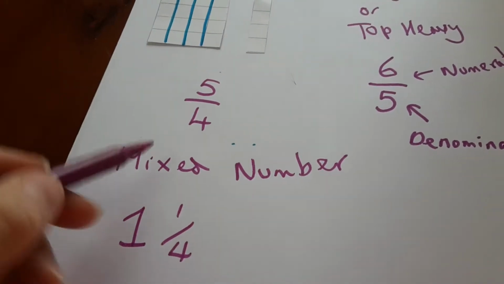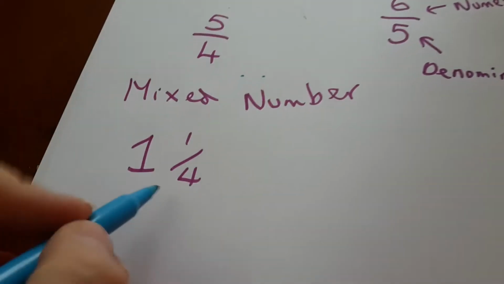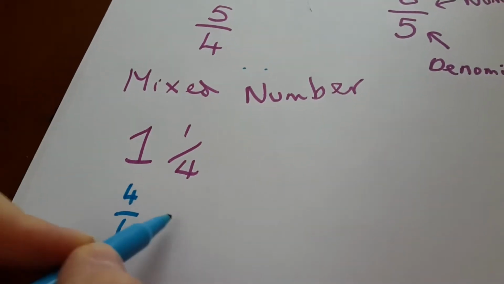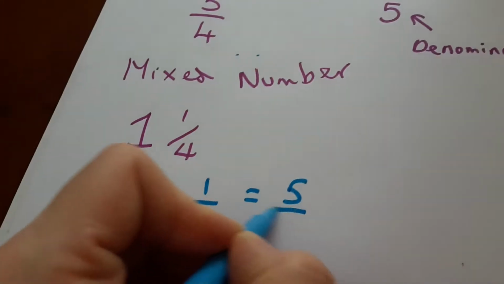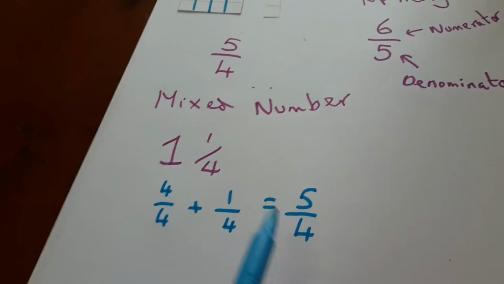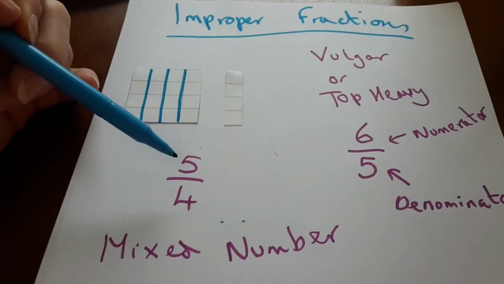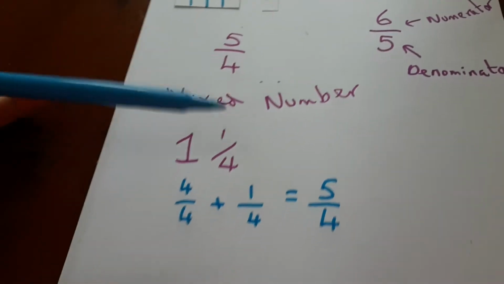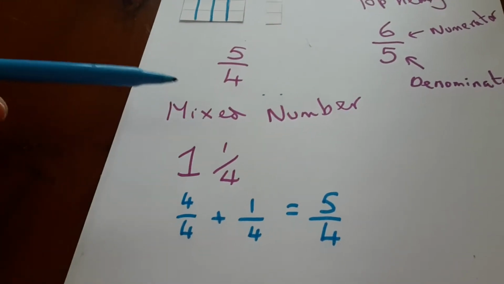And that is exactly the same as writing 5/4, because a whole one is worth 4 out of 4/4, and then we have the extra quarter with it, so we have 5/4 in total. So an improper fraction is when you have a larger number on top, and a mixed number is when you have a whole one with part of a fraction.